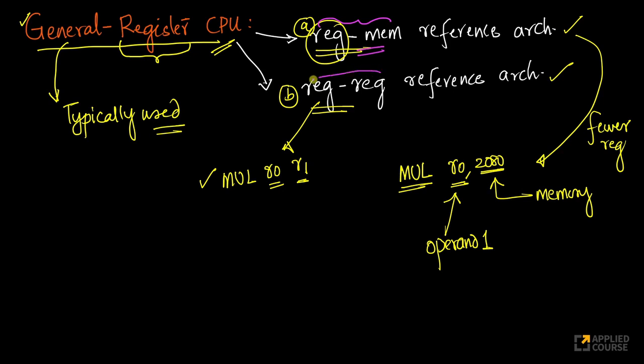But in modern i3, i5 processors, you have tons and tons of registers, so they typically follow register to register reference architecture. The older general register based CPUs followed the first, and the more modern ones follow the second. We'll see the pros and cons of both as we understand them in more detail.